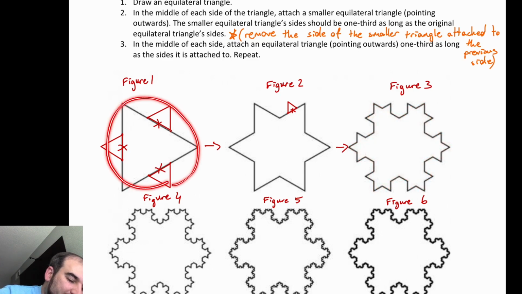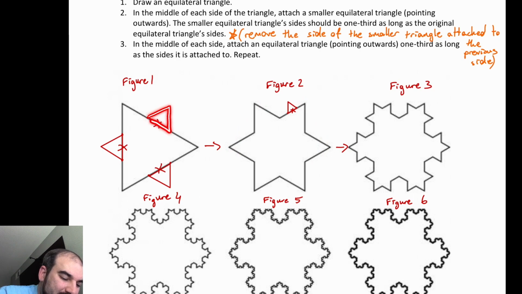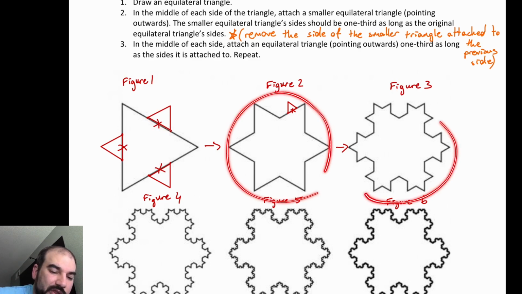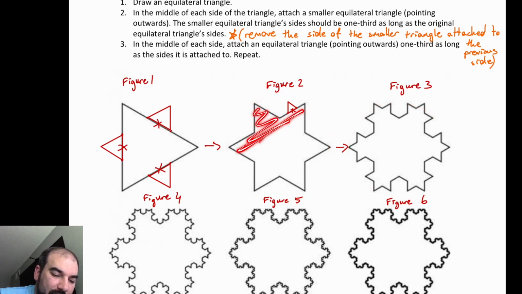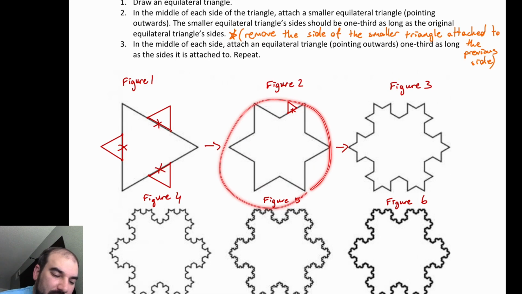So the key idea here is to figure out the area for the original triangle. Then when you want to do the area for figure 2, figure out the area for one of these little triangles and add 3 of those onto the area of the original triangle. And then going from figure 2 to figure 3, once you have your area of figure 2, you figure out how many of these little triangles we're adding, find the area of one of these, multiply by how many we're adding around the figure, and then add those to the area of figure 2.